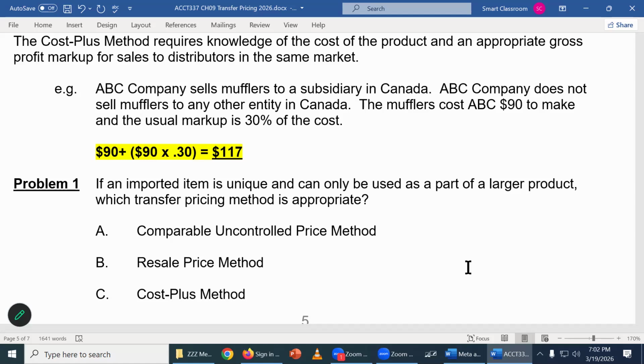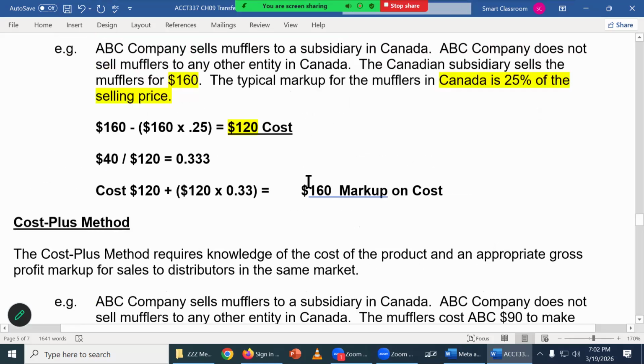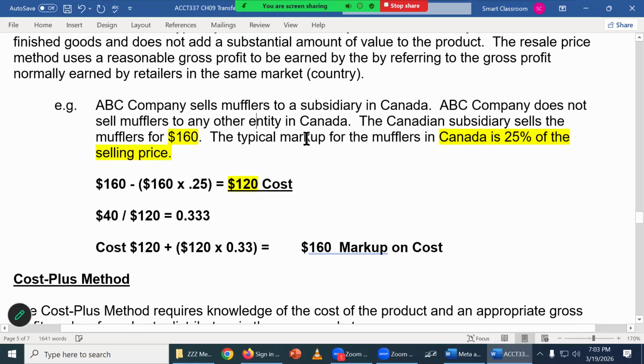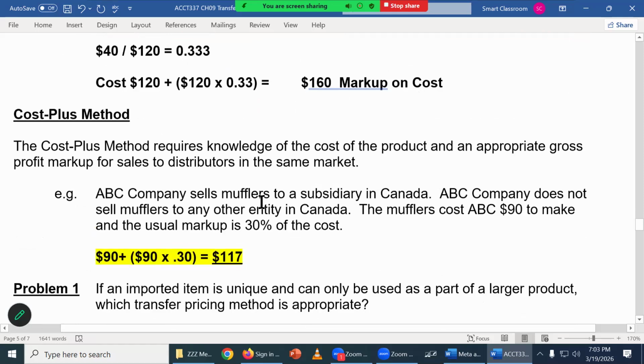There probably isn't going to be a comparable. You're not going to sell these cement mixer boards to a bunch of different people, if it's unique to this one cement mixer. And with the resale price one, you'll notice that usually means there's some kind of market. They're selling them for 160. So it's not really like you can compare it and say there's a market here.